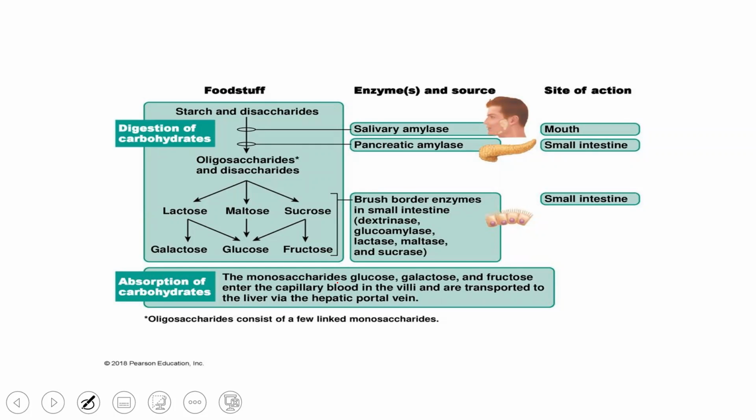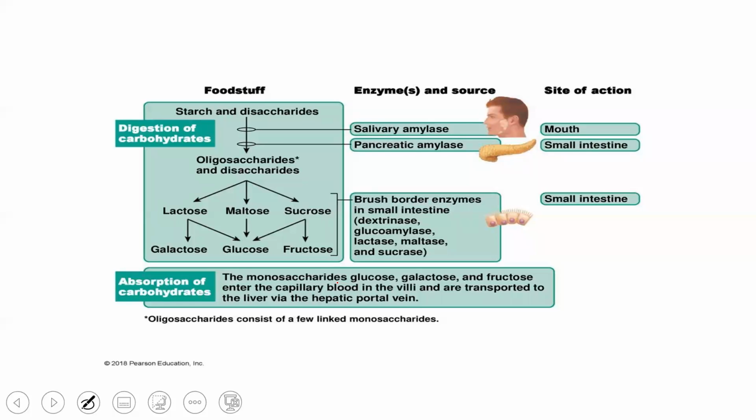And then further going down, mixed with the pancreatic amylase, also pancreatic amylase breaks down the complex carbohydrate to the oligosaccharide and disaccharide. And then in the brush border of the small intestine, you have all these enzymes, lactase, maltase, sucrase, and that's what we discussed. Lactase breaks down lactose, maltase breaks down maltose to the 2 glucose, and then sucrose breaks down to the glucose and fructose.